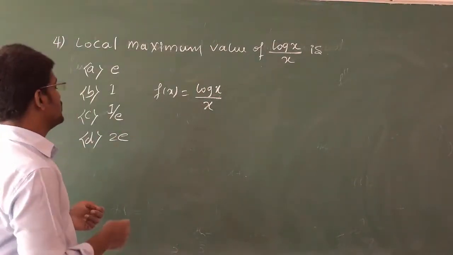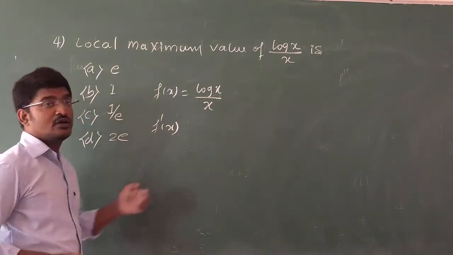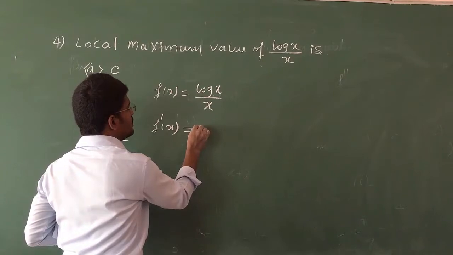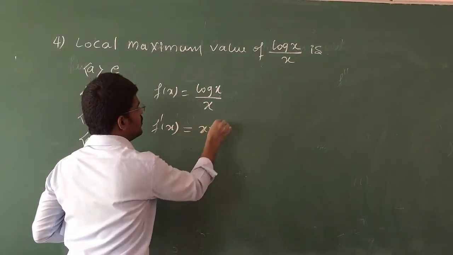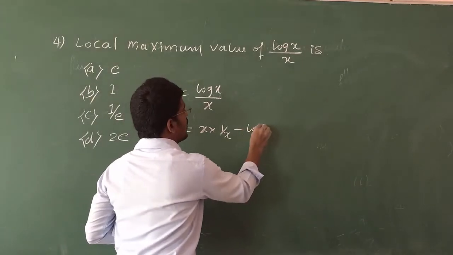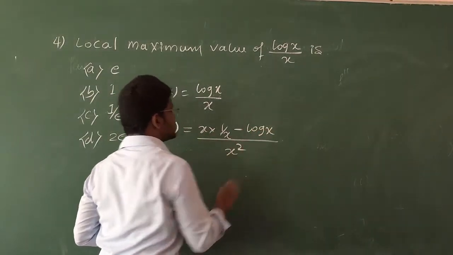So I will calculate f dash of x in u by v form, the quotient rule of differentiation. Simplifying, it will be x into 1 by x minus log x divided by x square.